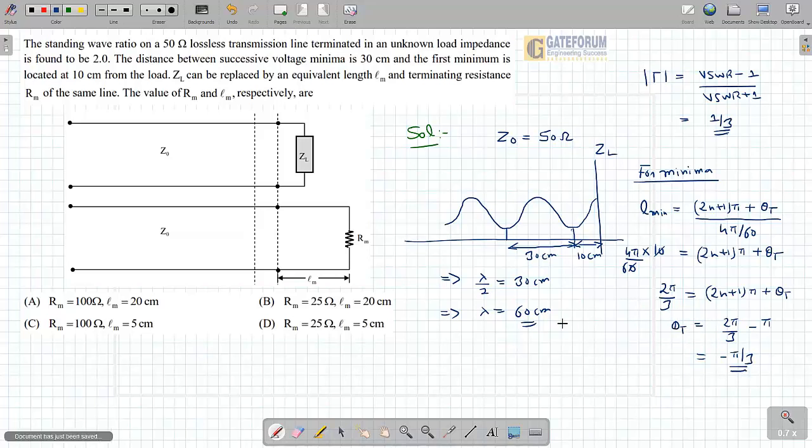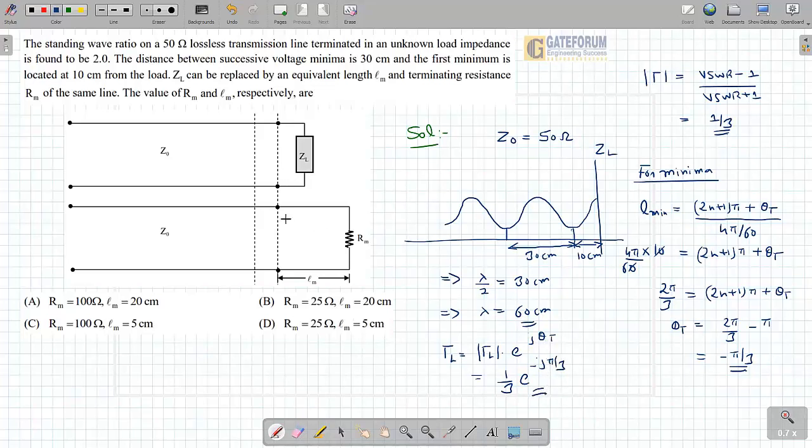Right. So I have got the reflection coefficient gamma L. It is the magnitude of gamma L times e to the power j theta, that will become 1 by 3 e to the power minus j pi by 3. Right.